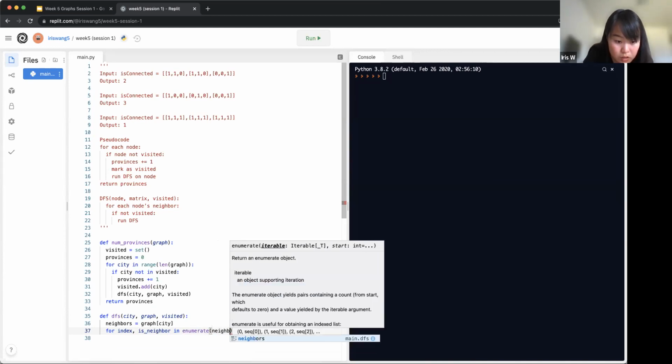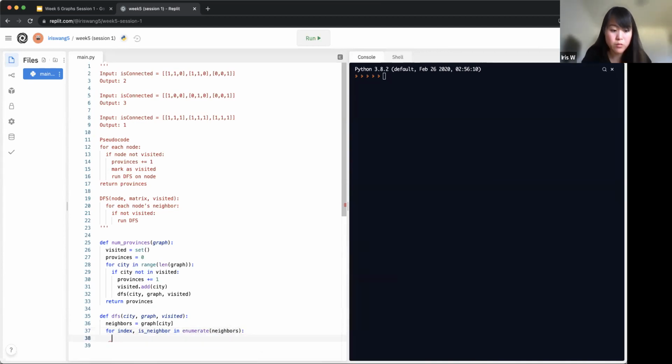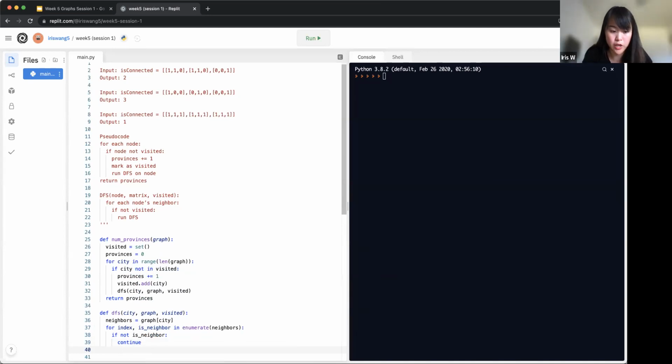What I then want to do is if it's not a neighbor, then you continue, you can skip this specific city because the city is not connected to this potential neighbor city. Otherwise, we're hitting the case where the city at this index is actually a neighbor of the initial city we're passing in.